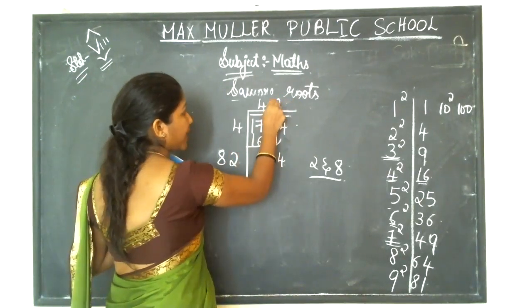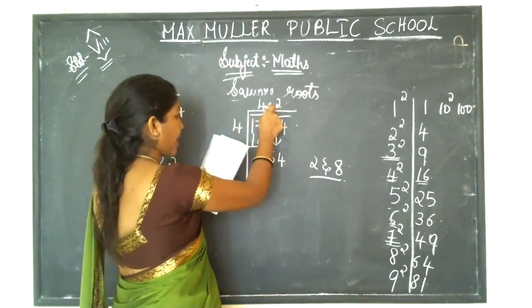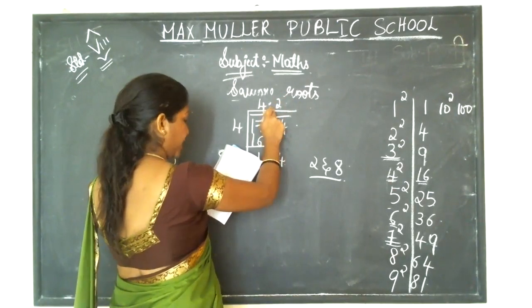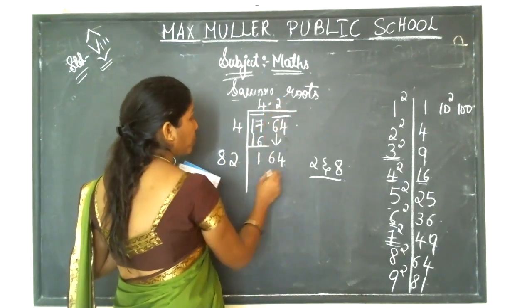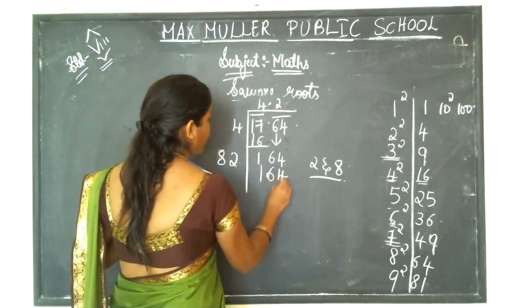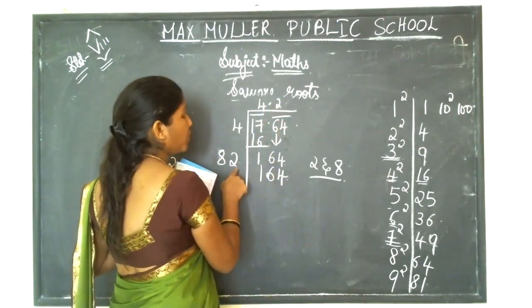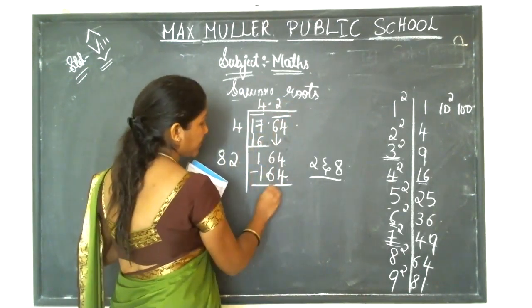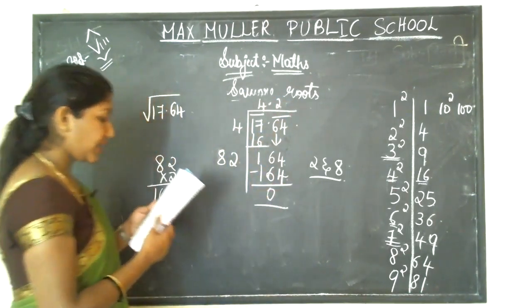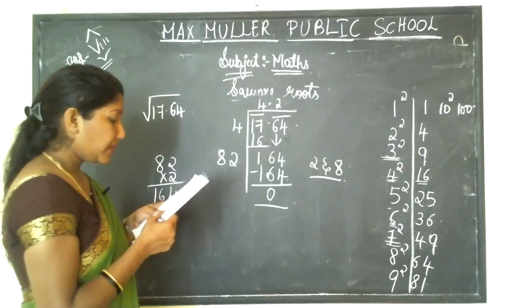82 into 2. But before writing 2 here, you have to go with a point. Understood? So it is 82.2 into 82 into 2. That is 164. If you subtract, you will get 0. Understood?